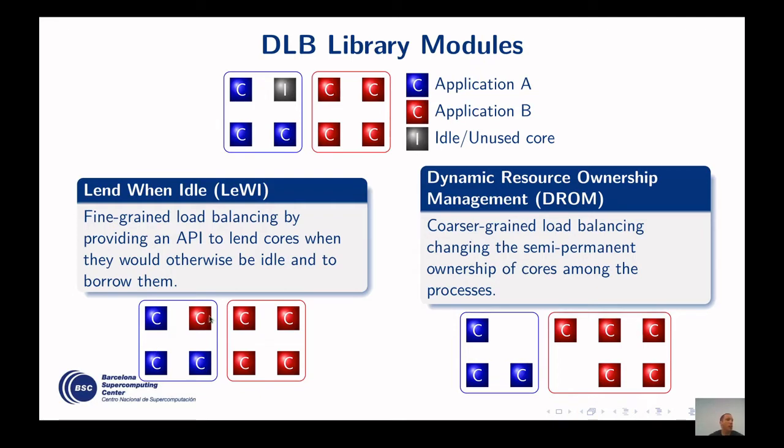On the other hand, DROM will transfer the semi-permanent ownership of the core to process B, and then it is not possible to claim it back unless application B gets low loaded and can transfer the ownership to application A again.